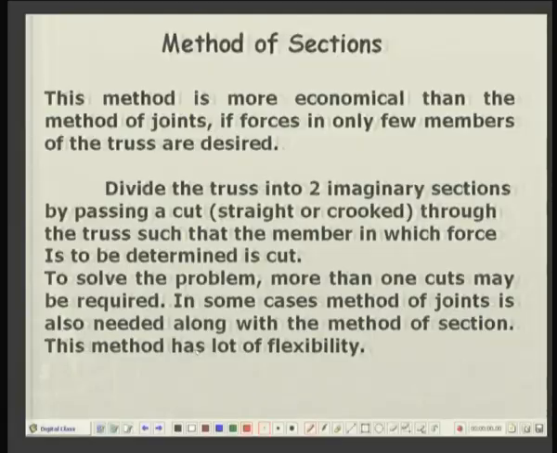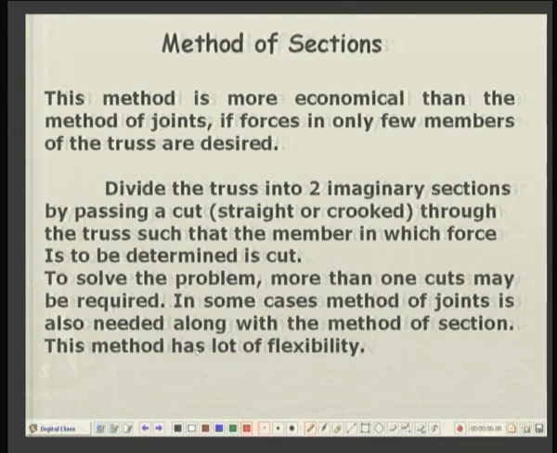Now, the second method which we can use very effectively is the method of sections, and mind you, this method is also very economical when you want to solve for forces only in a few of the members, not in all the members.